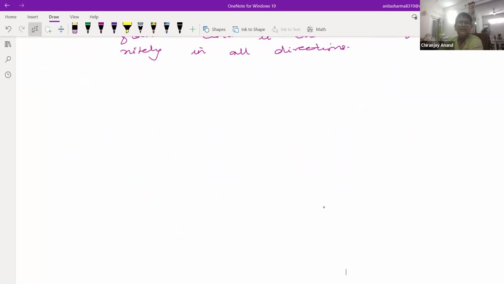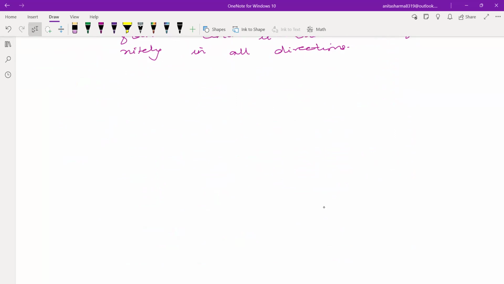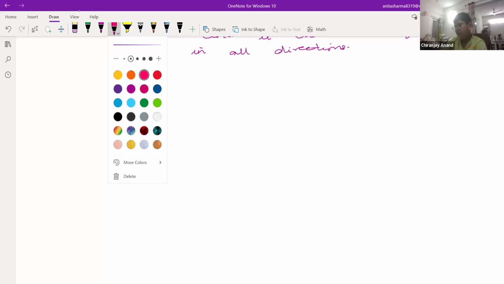Now next is properties of points and lines. Okay, now there are a few properties of lines and points.